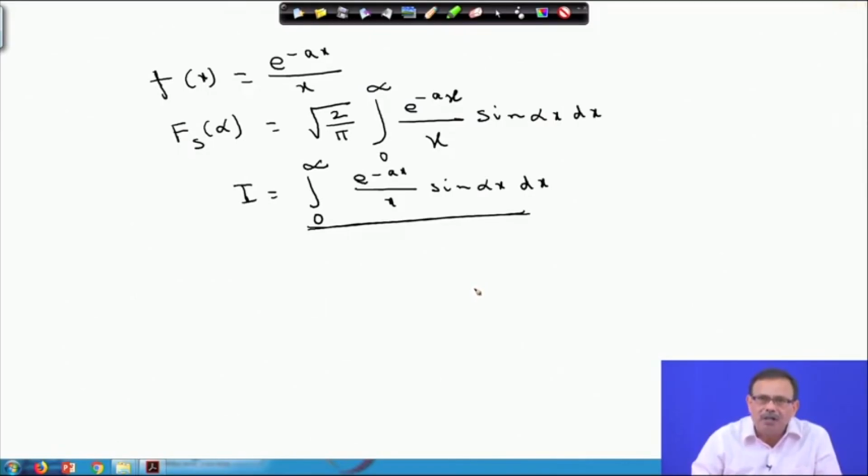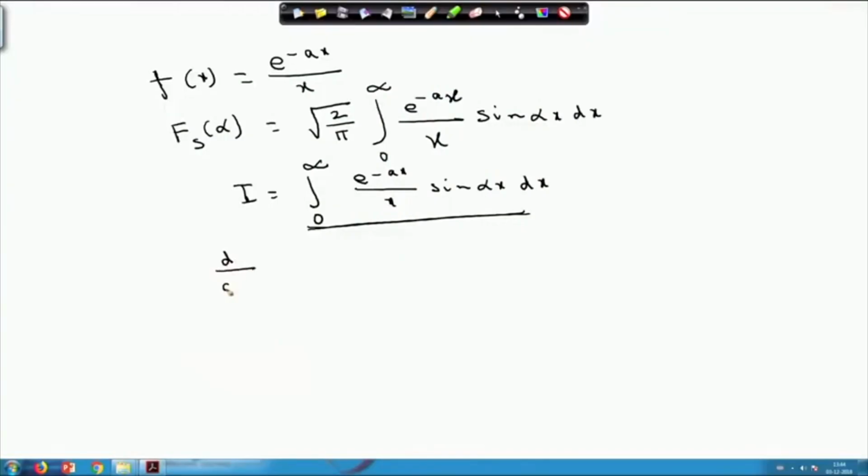We obtained d I by d alpha, then d squared I by d alpha square, and formed one ordinary differential equation. Using that ODE we found the solution in the form of CF plus PI, where the complementary function consisted of two arbitrary constants, whose values we also evaluated in the same fashion. We will use a similar approach for this particular problem.